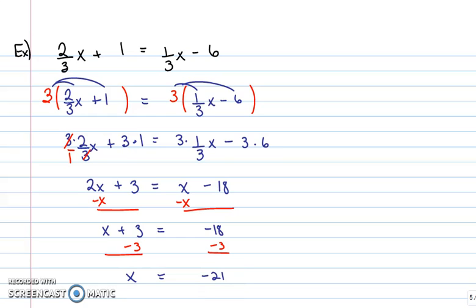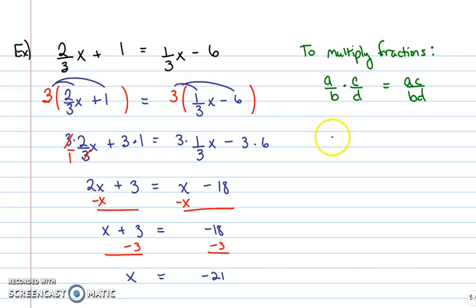Just a couple of things about this particular problem. Multiplying fractions. Remember, when you multiply fractions, you always multiply top by top, bottom by bottom. So if you have A over B times C over D, it's going to be AC over BD.